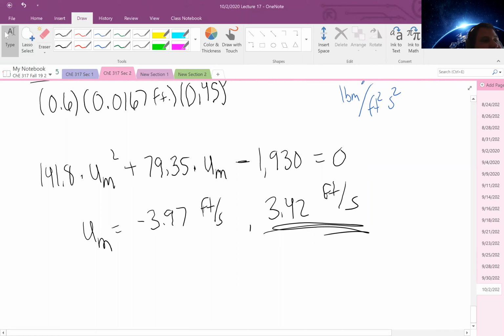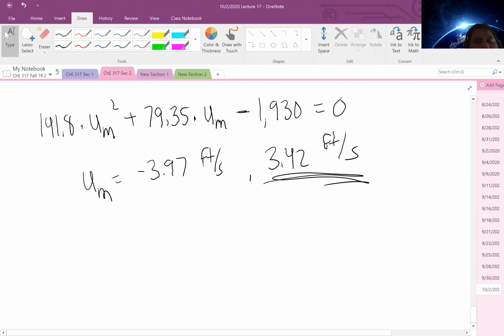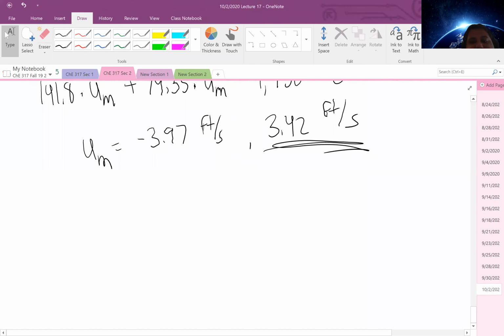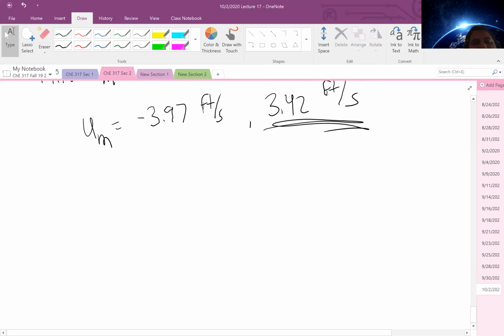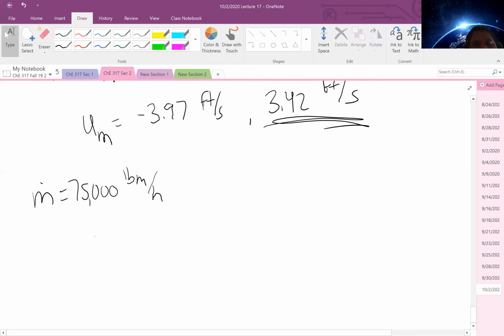And in order to find our diameter, we can say if that's our minimum fluidization velocity, and given our mass flow rate is 75,000 pounds per hour, we can solve for our volumetric flow rate by taking our mass flow rate divided by the density of our fluid.